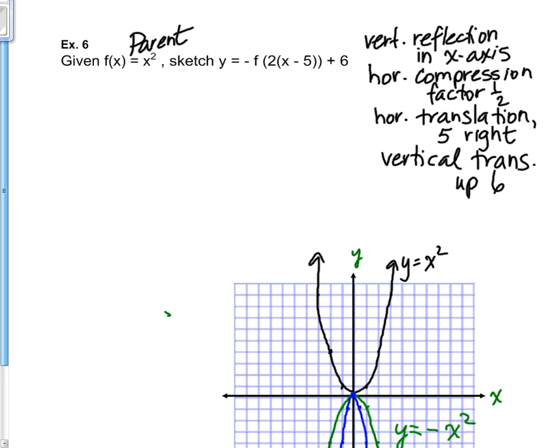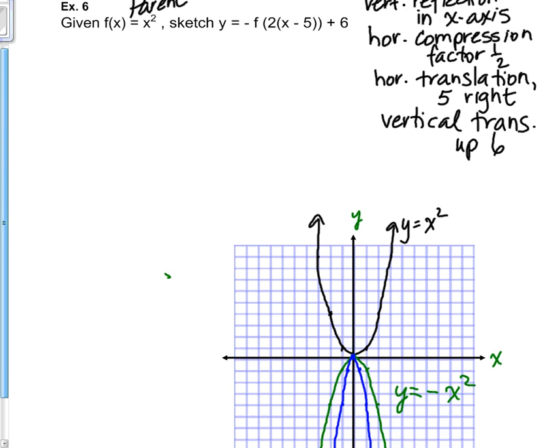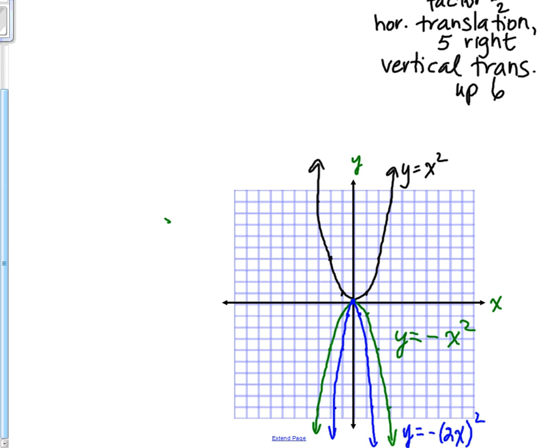We want to draw the third one right now, which is going to be red, which is going to be a horizontal translation 5 to the right. So we take that blue function exactly the way it is and move everything to the right 5. Anchored. And we have our translated function.